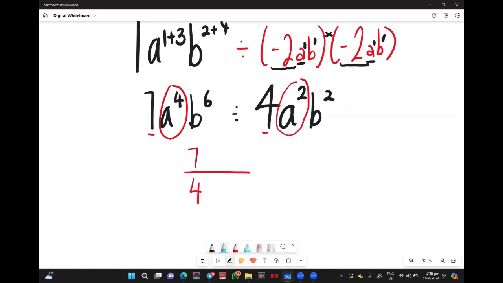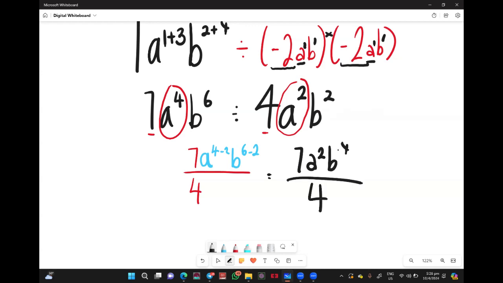So I will have to write a, 4 minus 2. For b, it will be 6 minus. Am I making sense here? All right, this becomes 7a squared b to the 4 over 4. And therefore, this is your answer for this question.